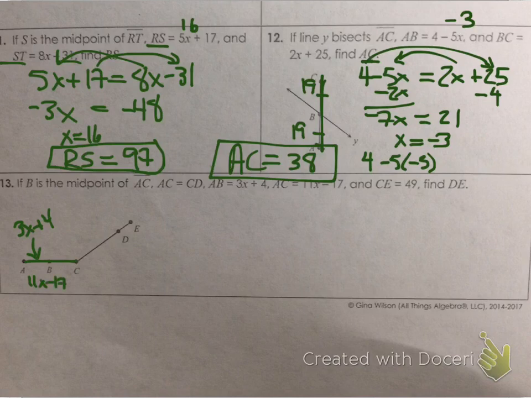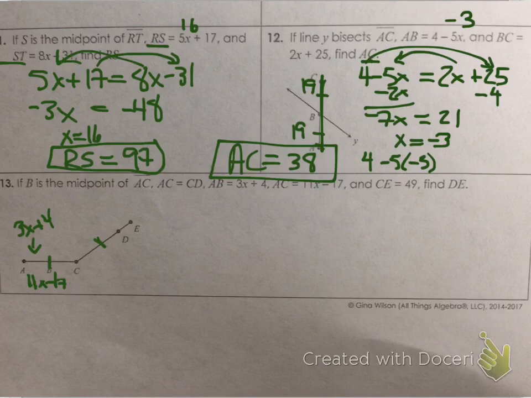They also tell you that AC is congruent to AD. So, it's kind of hard to tell, but I'll do it like this. This right here and this right here are congruent.